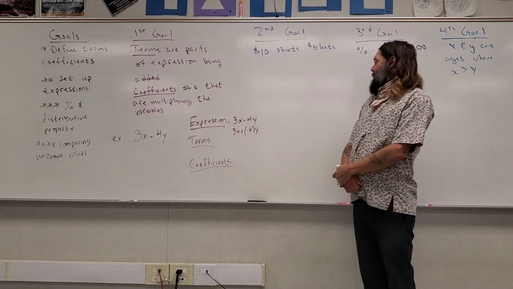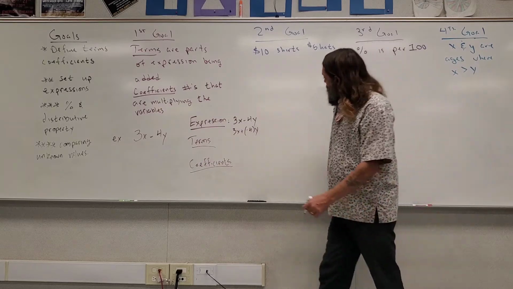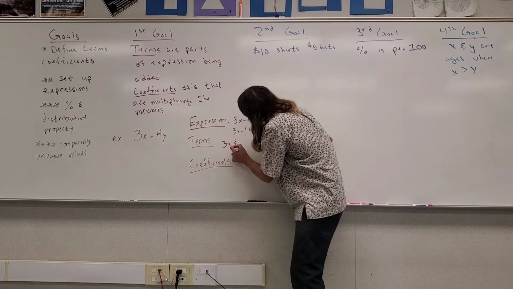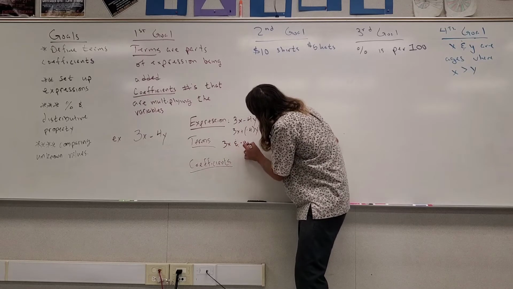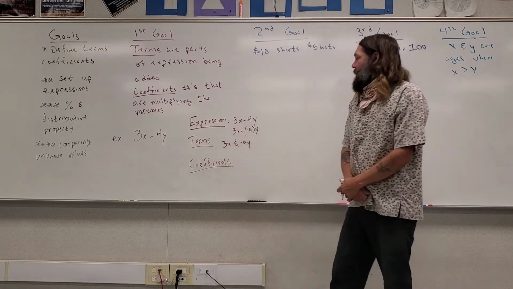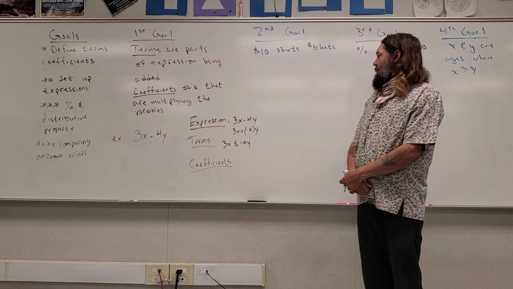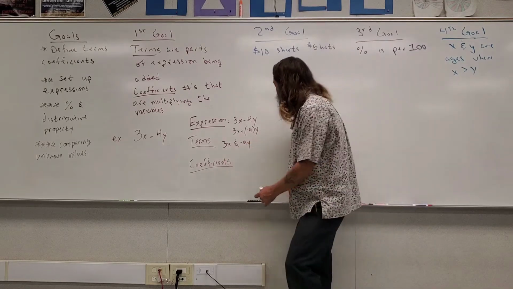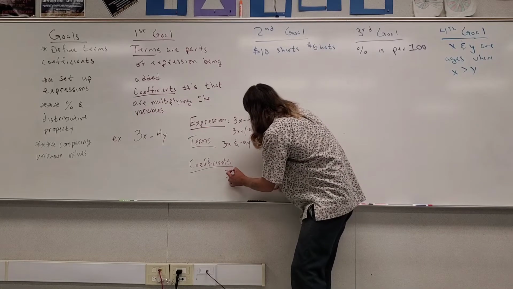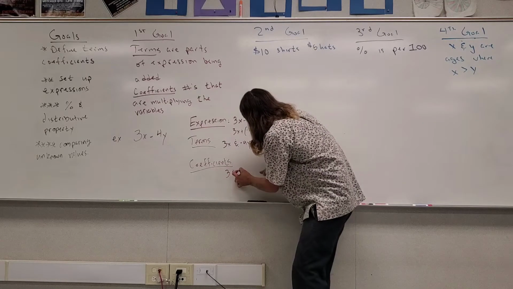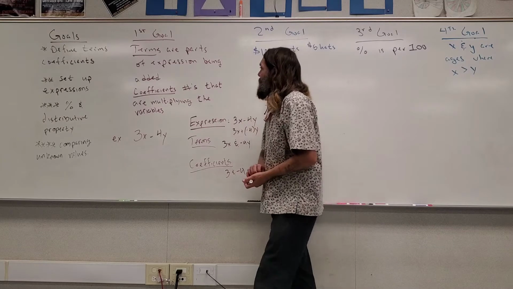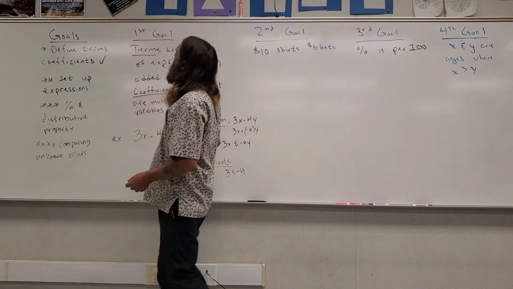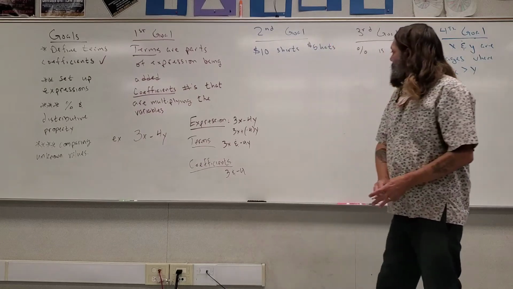And so I would say the terms of my expression are 3x and negative 4y. And the coefficients are the numbers that are multiplying the variables, and the coefficients would be 3 and negative 4. Pretty simple first goal. I'm going to go ahead and check that off. All right. Let's move on to our second goal.